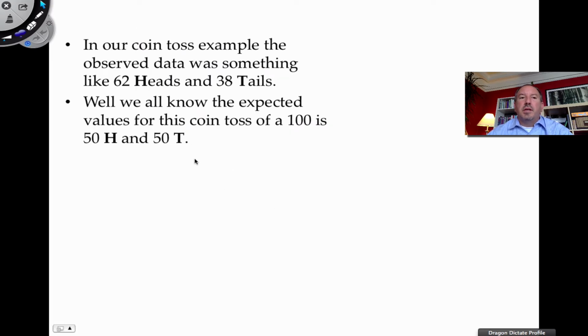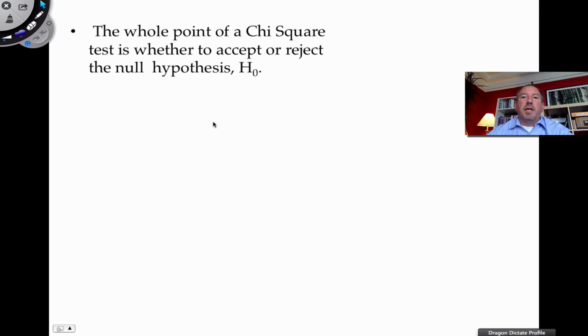Okay? So in our coin toss, we observe something like 62 heads and 38 tails, right? So if we know that the expected in 100 is 50 heads and 50 tails, we need to ask ourselves the question, is this reasonable? Is the 62 and 38 within reason?